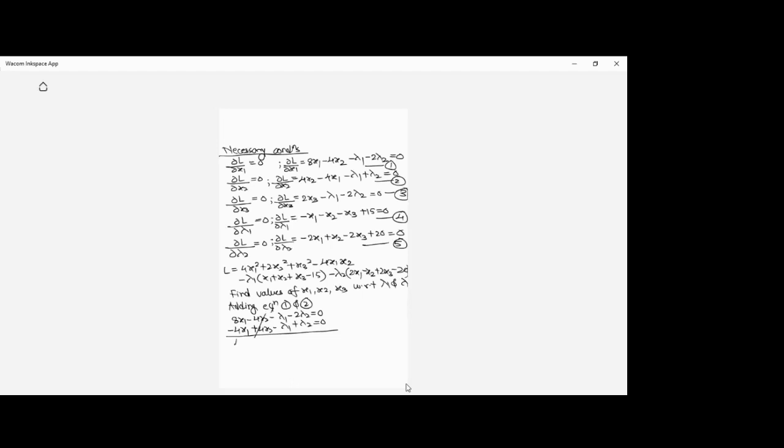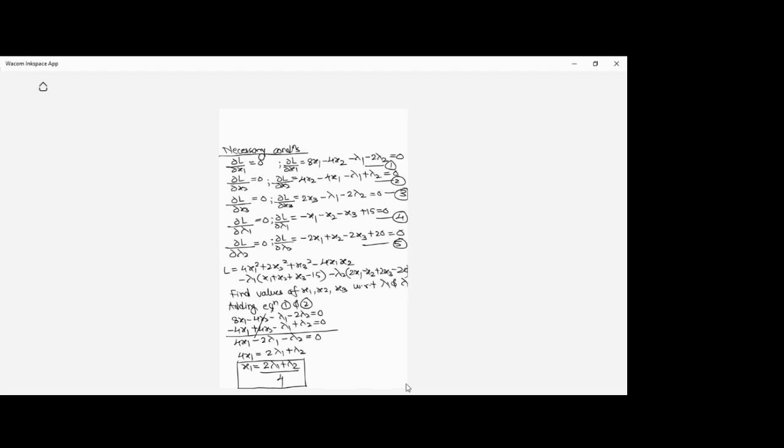Here you will have 4x1 minus 2 lambda 1 minus lambda 2 is equal to 0, right? Further, I can write this as 4x1 is equal to 2 lambda 1 plus lambda 2, so x1 is equal to (2 lambda 1 plus lambda 2) upon 4. So I have found x1 with respect to lambda 1 and lambda 2.